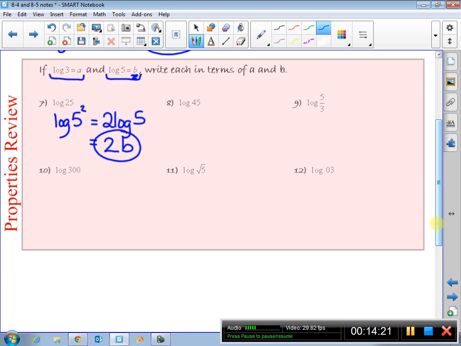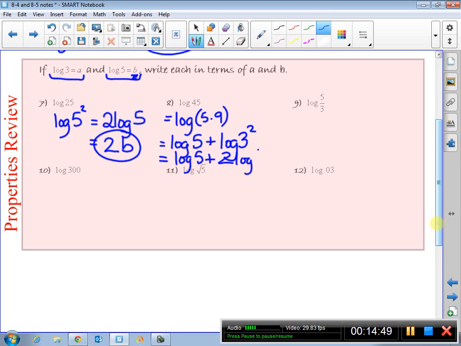Number 8, log of 45. Let's see, 45 is the same as 5 times 9, which is the log of 5 plus the log of 9. 9 is 3 squared. So I need the log of 5 plus 2 log 3.